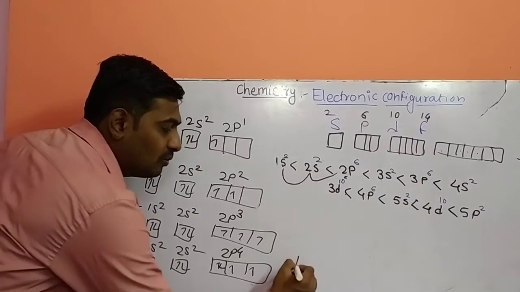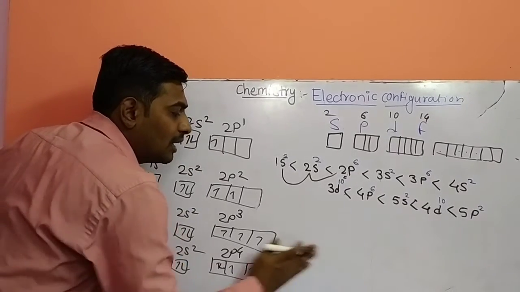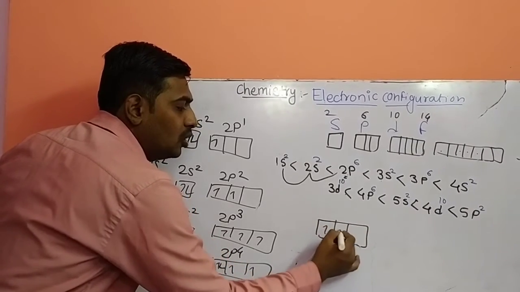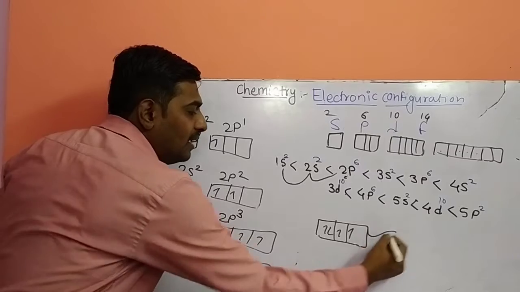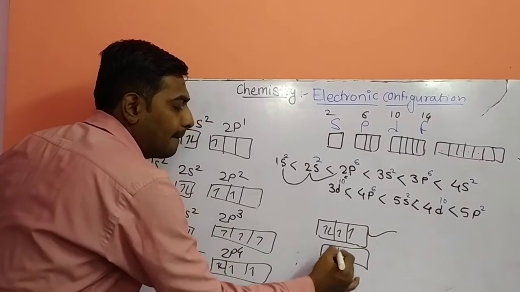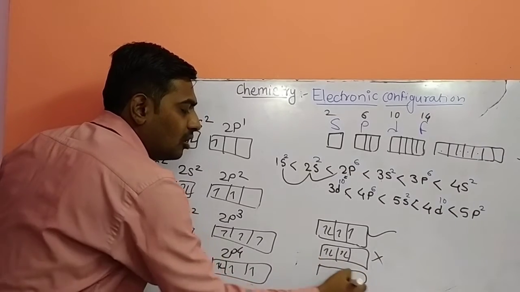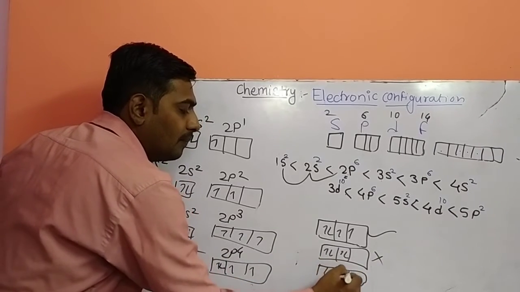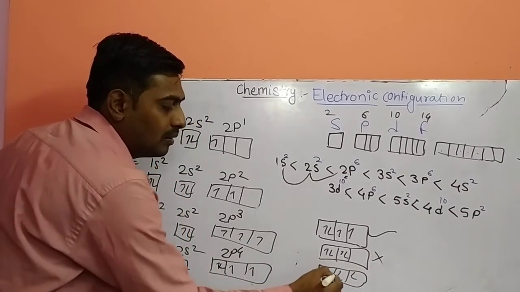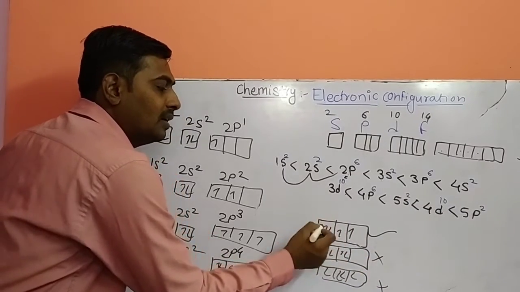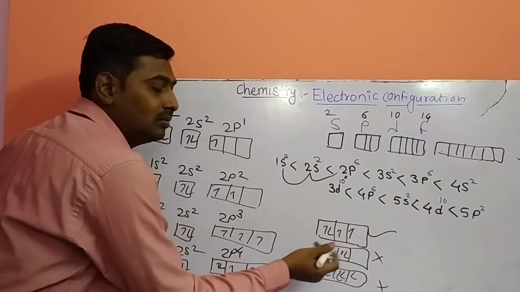It is not like this way. 2p4 will not be like this way. 1, 2, 3, 4 is the correct way. This is the wrong way. This is wrong. This is also wrong. This is correct: 1, 2, 3 and then 4.